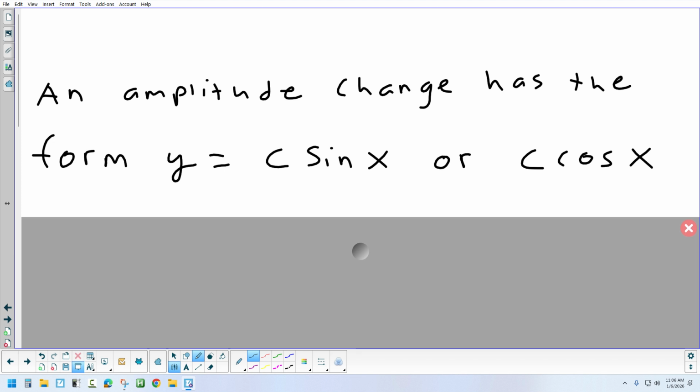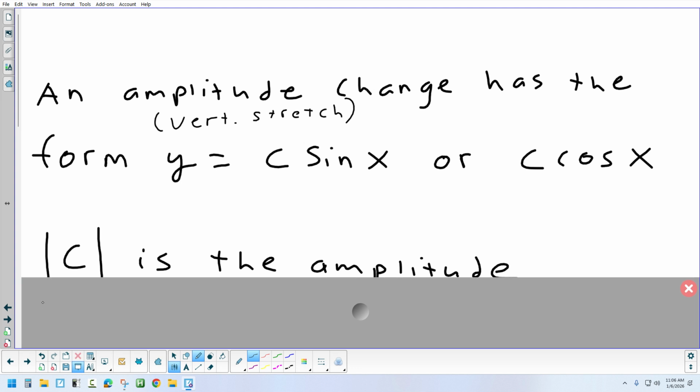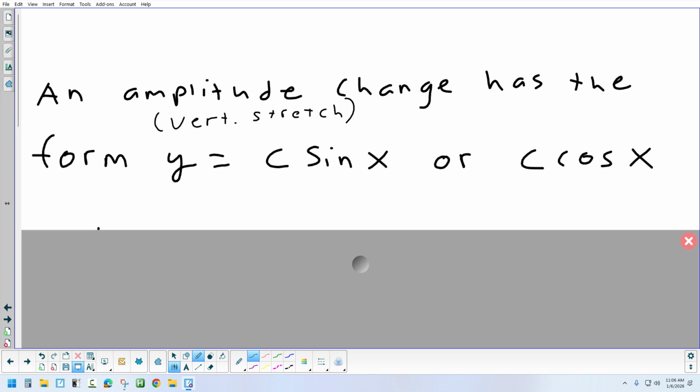So an amplitude change, or again, I can just put vertical stretch in parentheses, is when you multiply by a number on the outside. Just like that. C could be any value that you want, except 0. C can't be 0.